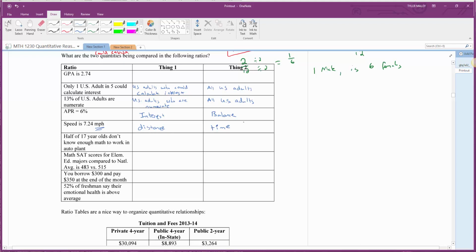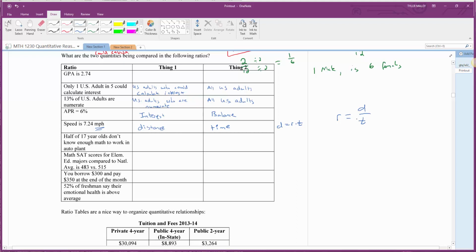In fact, you've maybe learned before that distance equals rate times time, right? So this means that rate would equal distance divided by time. So it's a ratio comparing distance to time.